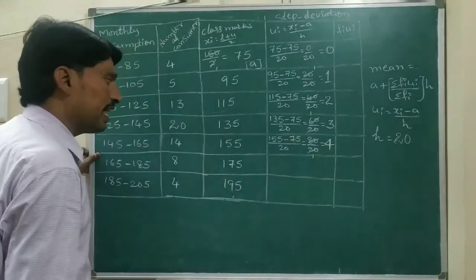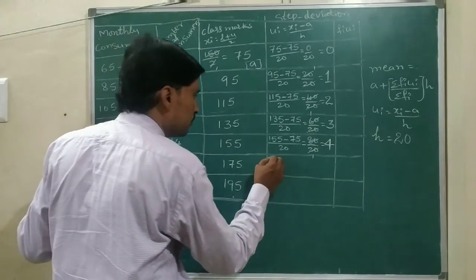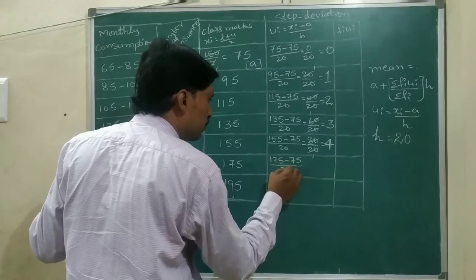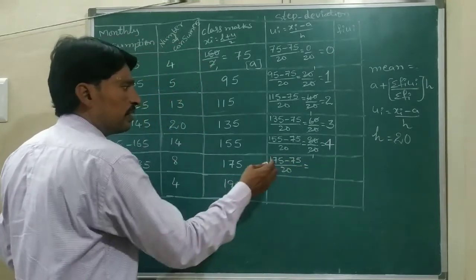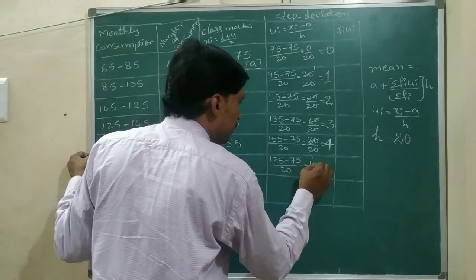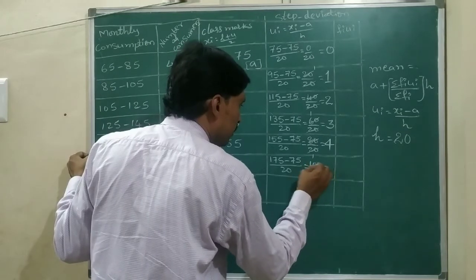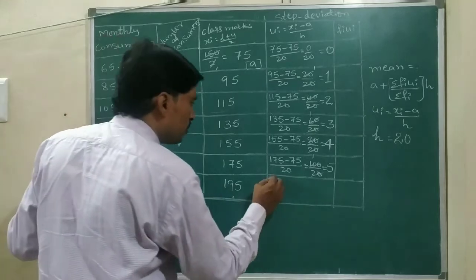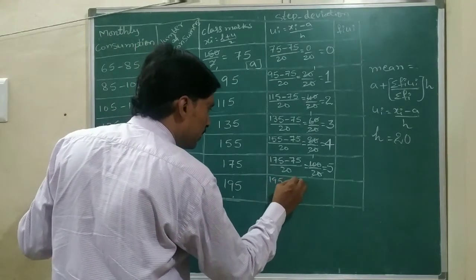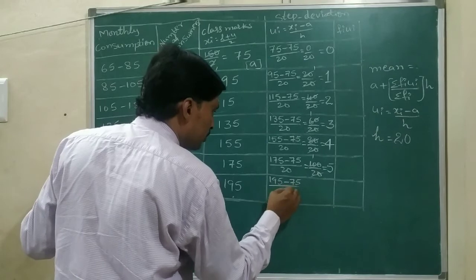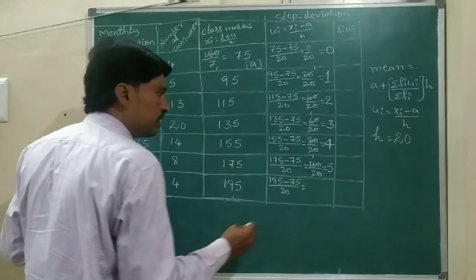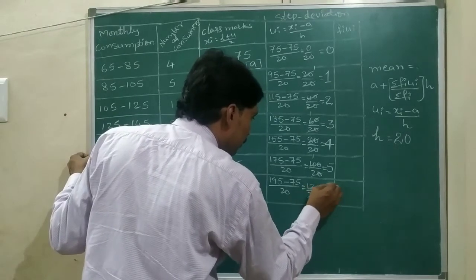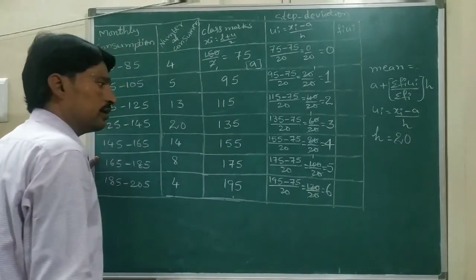Next, Xi is 175 minus 75 by 20. 175 minus 75 is 100 by 20, which is 5. The last class mark is 195 minus 75 by 20. 195 minus 75 is 120 by 20, which is 6.